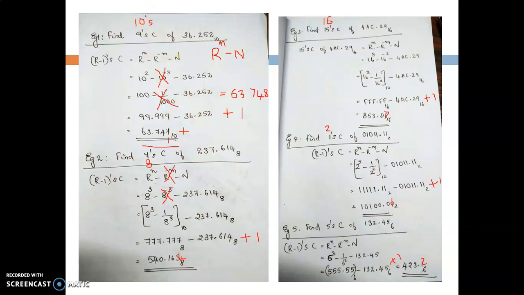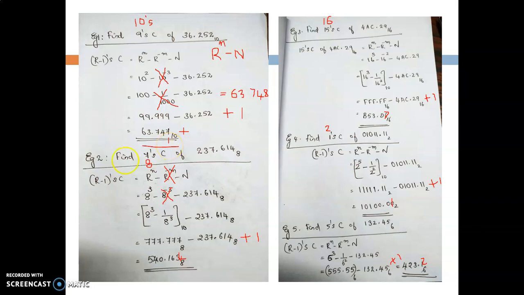The R's complement in base 10 is the 10's complement. You found the 9's complement, just add 1 to it, and this 1 will be added to the LSB. 99.999 minus 36.252 is 63.747. That is your 9's complement. Then 1 is added here, so 63.748 will be your 10's complement.